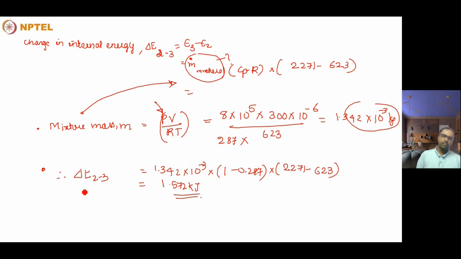And now we have calculated both the work done in this process as well as the change in internal energy, and therefore we can calculate the heat added to the mixture in the process.